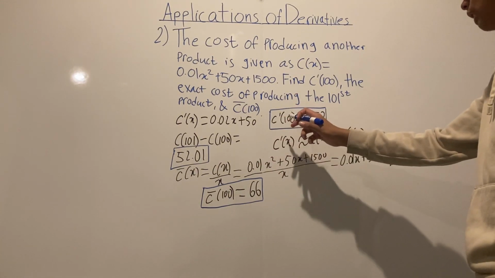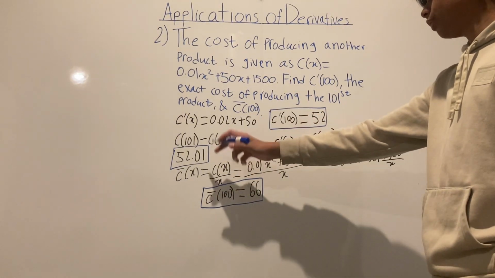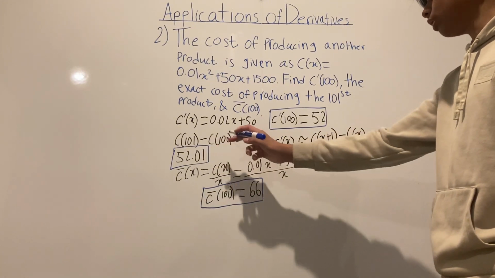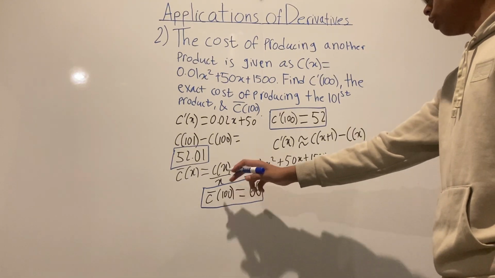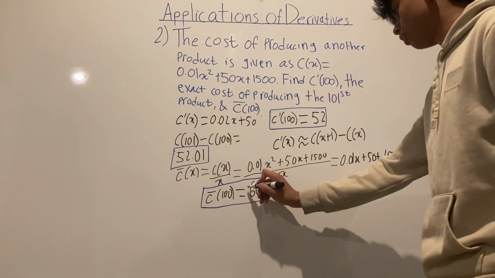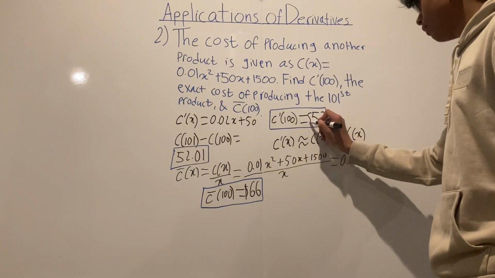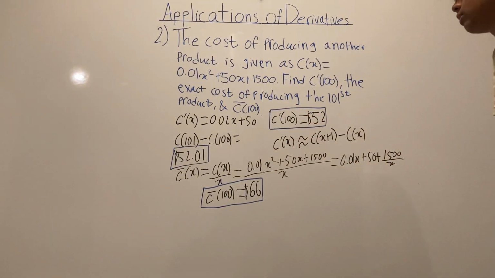The marginal cost at 100 is 52. The exact cost of producing the 101st is $52.01. And the average for each product made when a total of 100 products are made is $66. So I'll just add a dollar sign real quick. And these are our final answers.